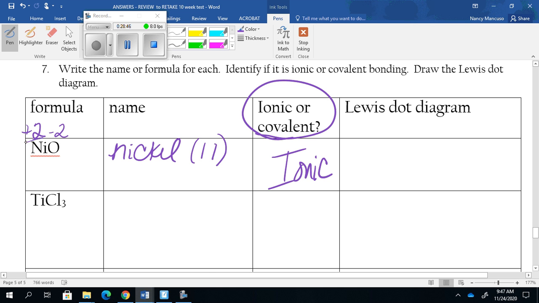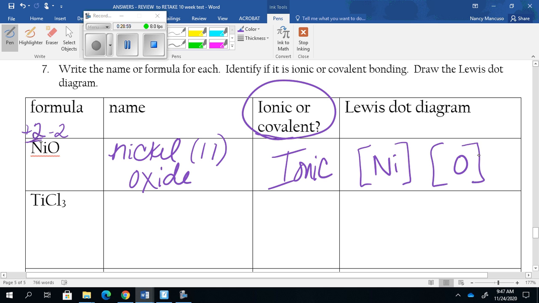Nickel was a +2 charge. And then oxide. And then when I do the Lewis dot diagram, I just have one Ni and one O, because that's exactly what my formula showed. I have brackets. The charge on this is +2. The charge on this is -2. I make sure it adds up to 0. And then I put all 8 dots around the oxygen.